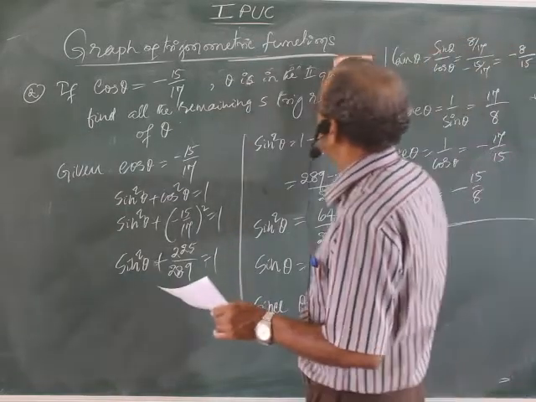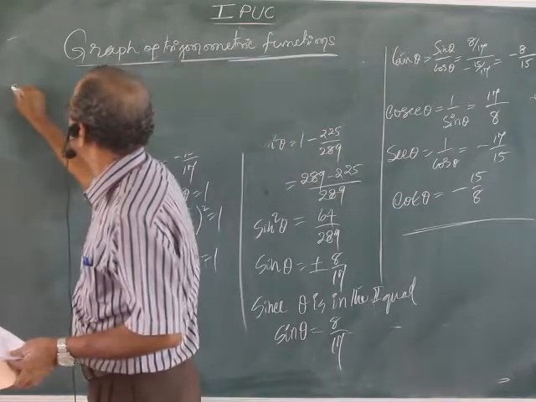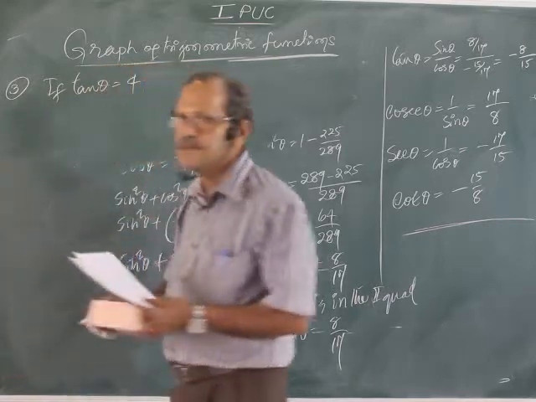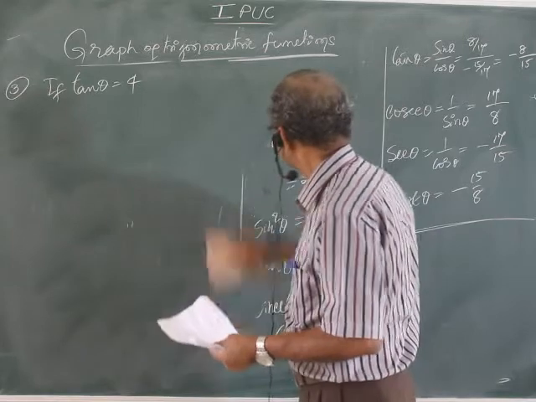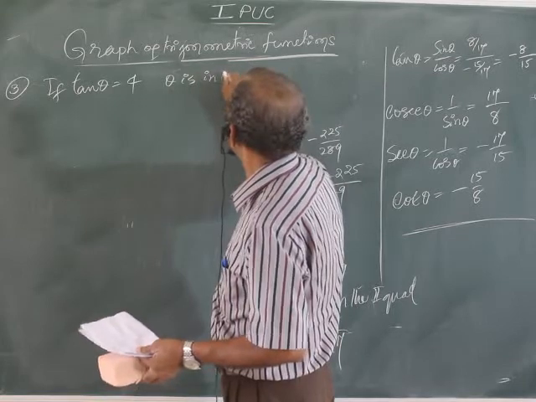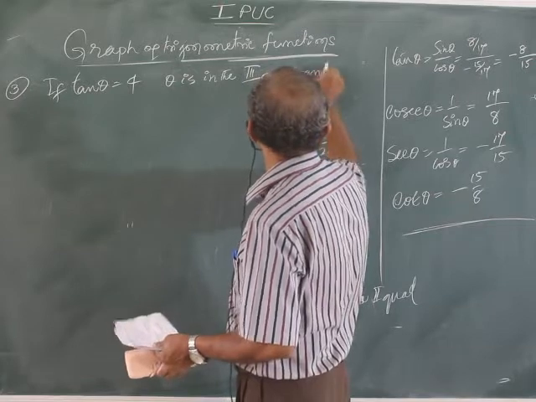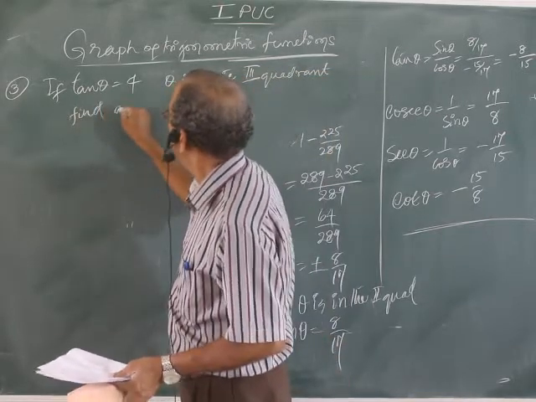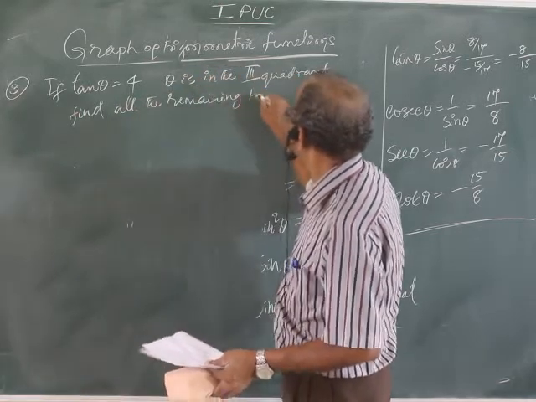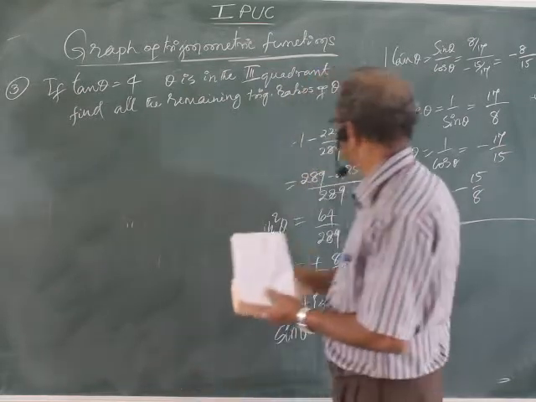Over, no? Yes. Third problem: if tan theta equal to 4, and theta is in the third quadrant, find all the remaining trigonometric ratios of theta.